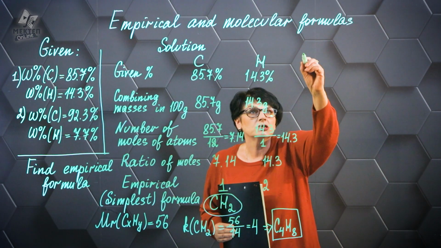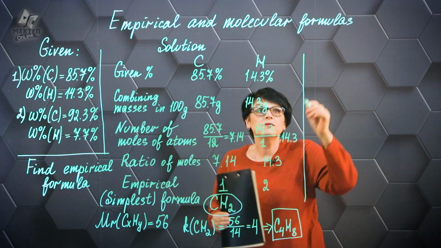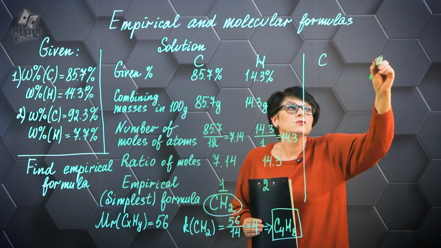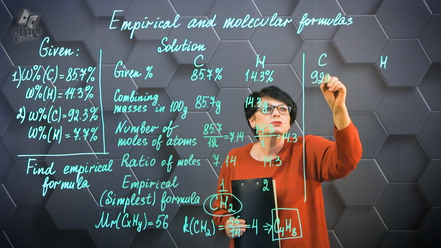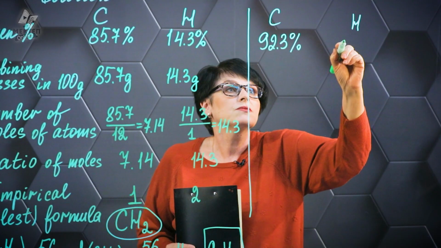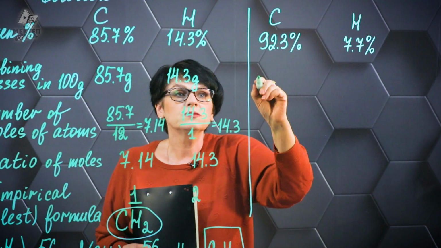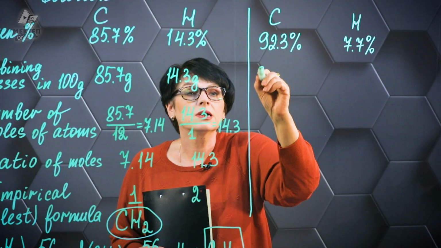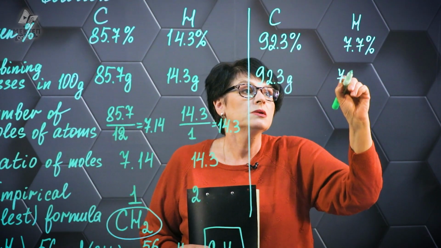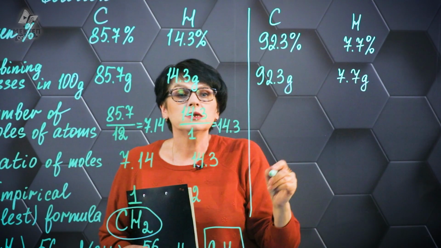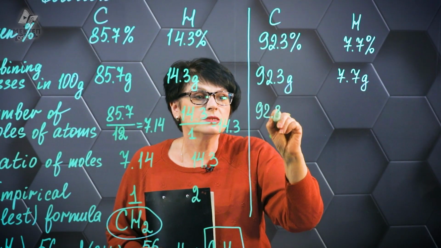So we have solved the first problem, and now let's proceed with a similar calculation for the second option. Let's follow the same approach. In this case, we have 92.3% carbon and 7.7% hydrogen. We proceed in the same way, converting percentages into grams, which will be 92.3 grams and 7.7 grams. Now we find the amount of substance by dividing 92.3 by 12.